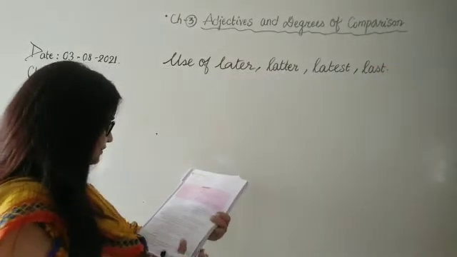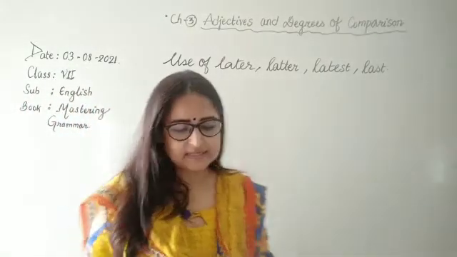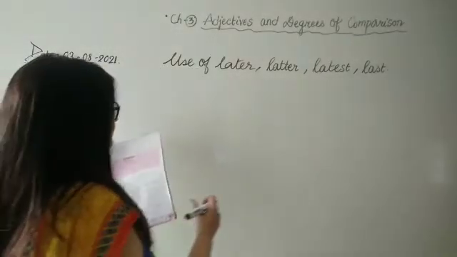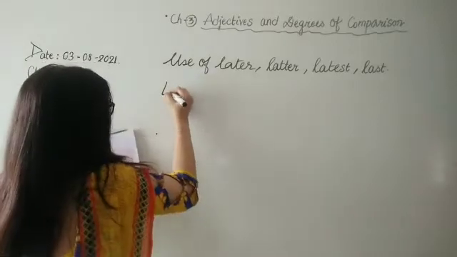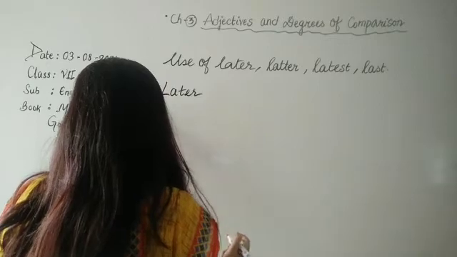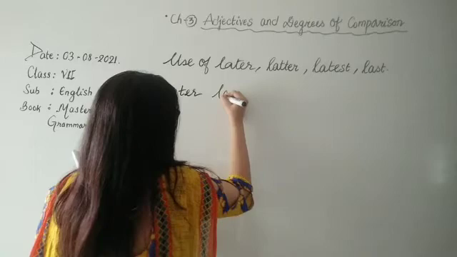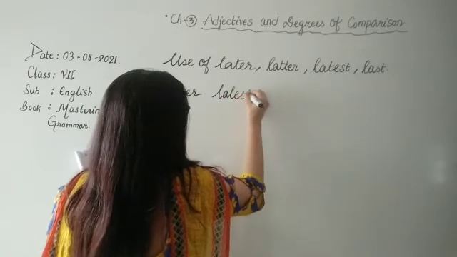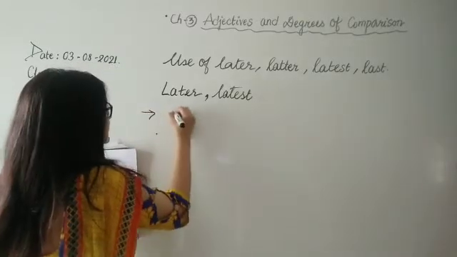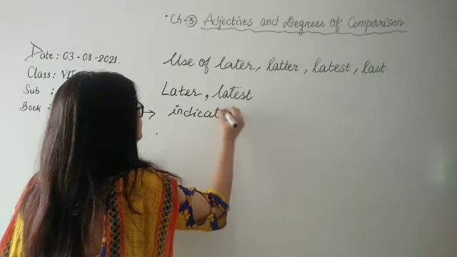Okay, children, let's do this one now. Later and latest are used to indicate time. So let's form a section, a division, later and latest. How are both of these words used? They are used to indicate time. It will tell us about the time.